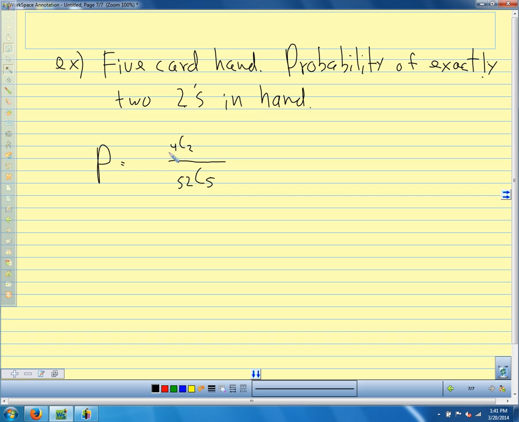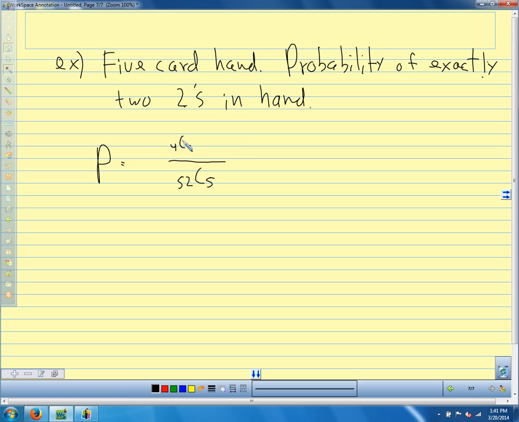If we're arranging these four cards in various different ways, how many other cards do we have to arrange for the rest of the hand? Well, we have 52 cards. We're arranging 4 of them in groups of 2. So once we've taken those 4 out, the other 3 cards can't be 2s because we're having exactly 2. So this takes care of the exactly 2.